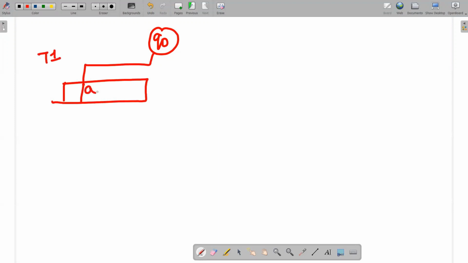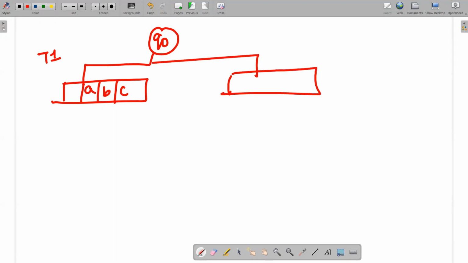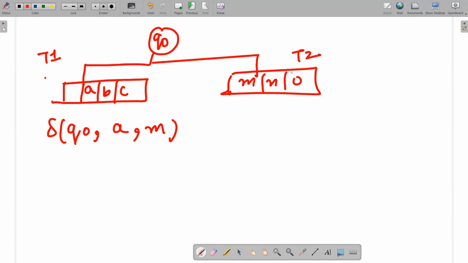Tape number 1 is A, B, let's say C, and tape number 2 is M, N, and let's say O. If we are performing a particular operation, the transition function says that Q naught is given A as well as M. So this is my tape number 1 and this is my tape number 2. So what change have we made? Instead of giving a single input, we are taking two inputs at a time: tape number 1 input is A and tape number 2 input is M.